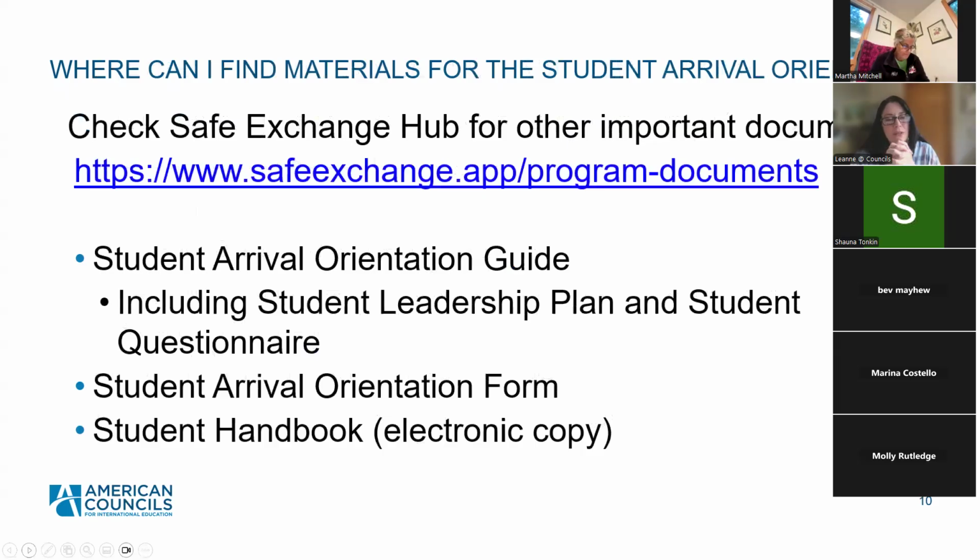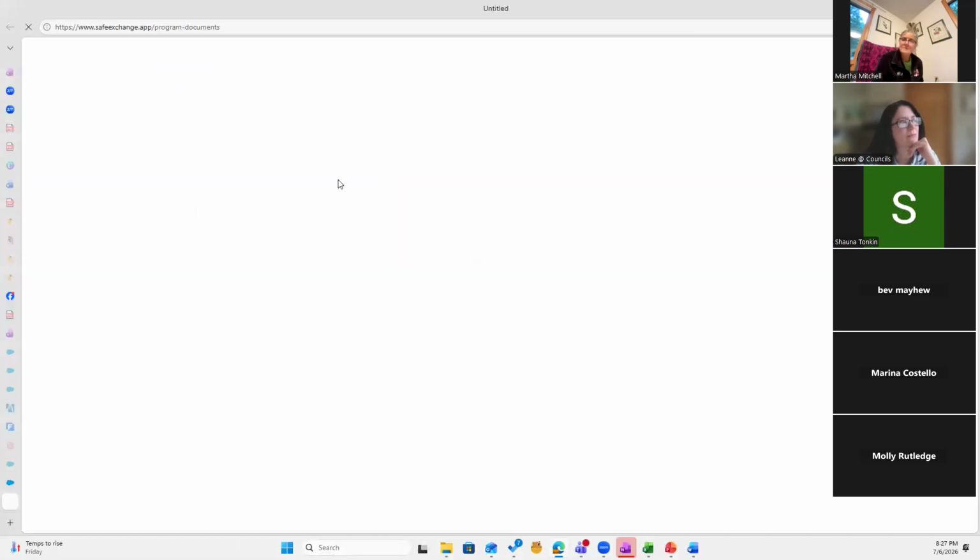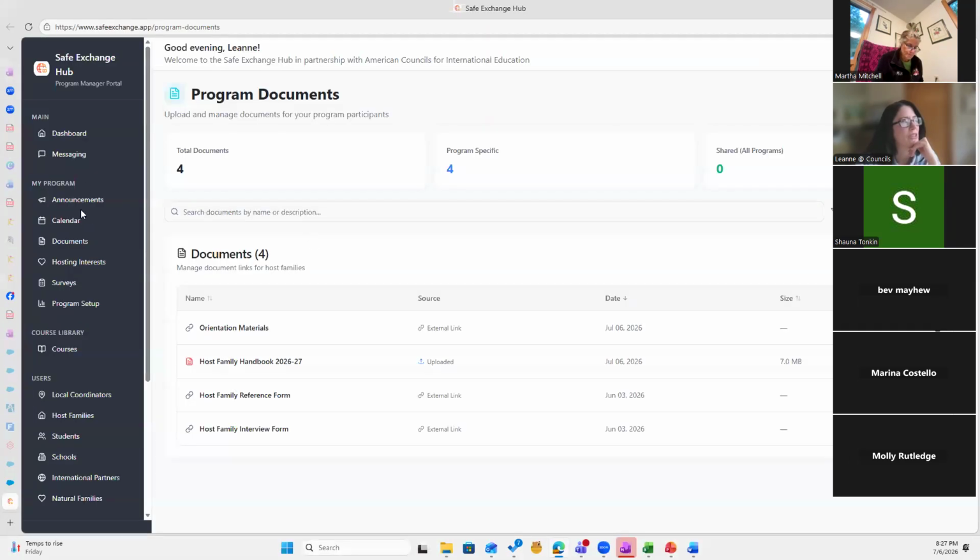So where can you find the materials for the arrival orientation? Same place as the host family orientation. We're going to go to Safe Exchanges, to the documents, and you can click on the link here. It takes you to Safe Exchanges.